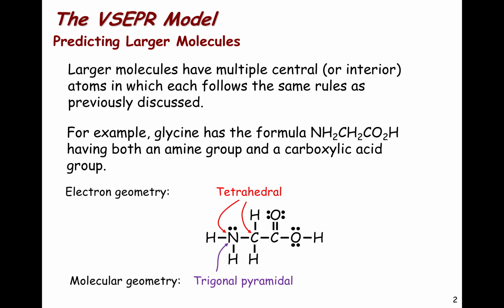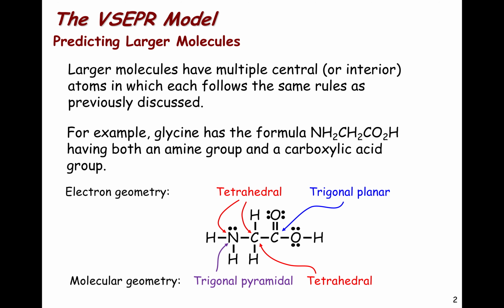The carbon next to it has 4 bonding regions, 2 carbon-hydrogen bonds, 1 carbon-nitrogen bond, and also a carbon-carbon bond. So again, in this particular case, we have a tetrahedral molecular shape. There may be slight distortions because of the different sizes of the atoms involved, but we describe that carbon atom as being a molecular shape of tetrahedral.